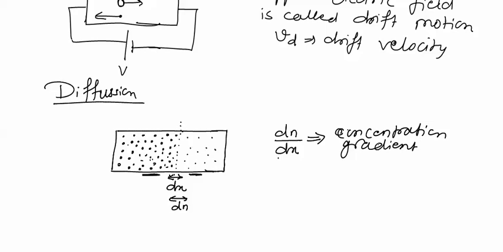If in a material there exists a concentration gradient, then the charge carriers have tendency to move from higher concentration to lower concentration, and this motion of charge carriers from higher concentration to lower concentration is nothing but diffusion of charge carriers.